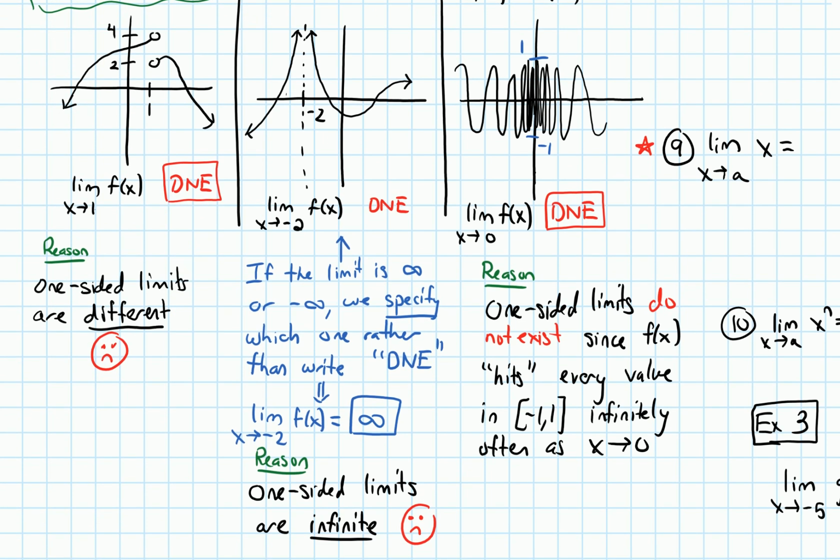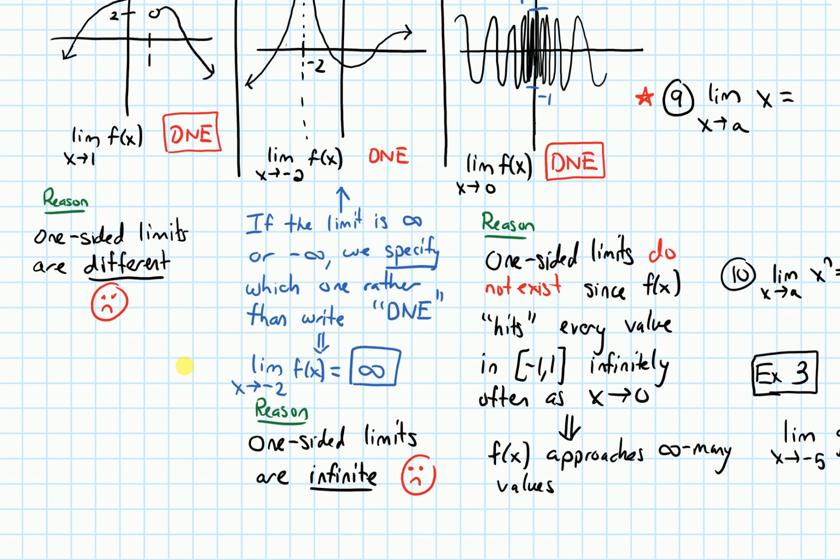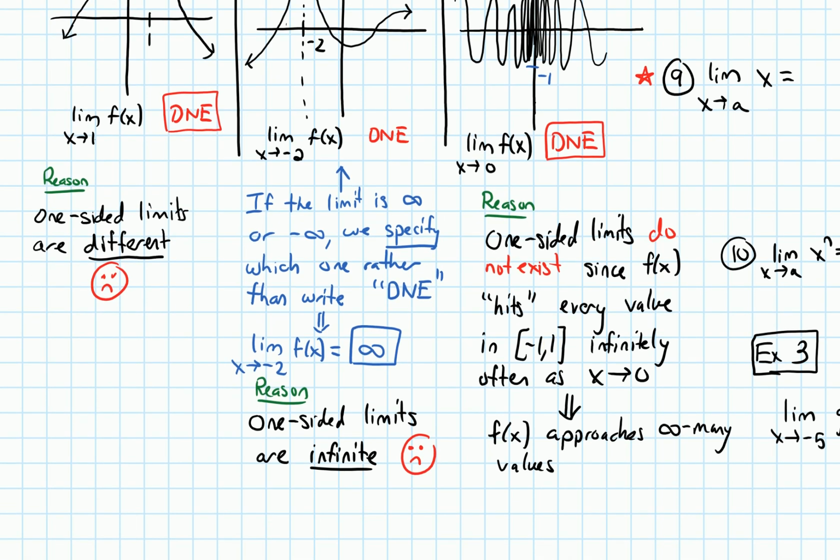So as a result of that, f of x, which means my y values, approaches infinitely many values, because it approaches everything between -1 and +1 an infinite number of times. Okay, but for a limit to exist, f of x is supposed to approach just one value.